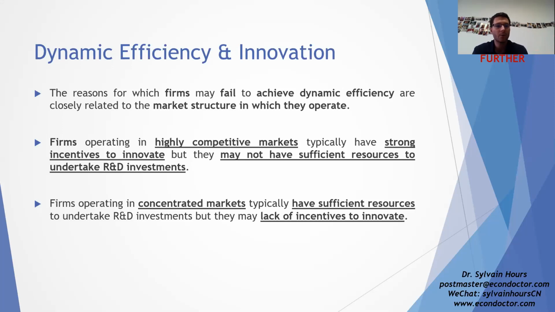Then you can do the other way around. You can find examples of policies whose objective is to improve fairness, but that will decrease efficiency. And the easiest example is progressive income taxation. When you introduce progressive taxation, the main objective is to reduce income inequality, so to improve fairness or equity, but we know that progressive taxation leads to some inefficiencies.